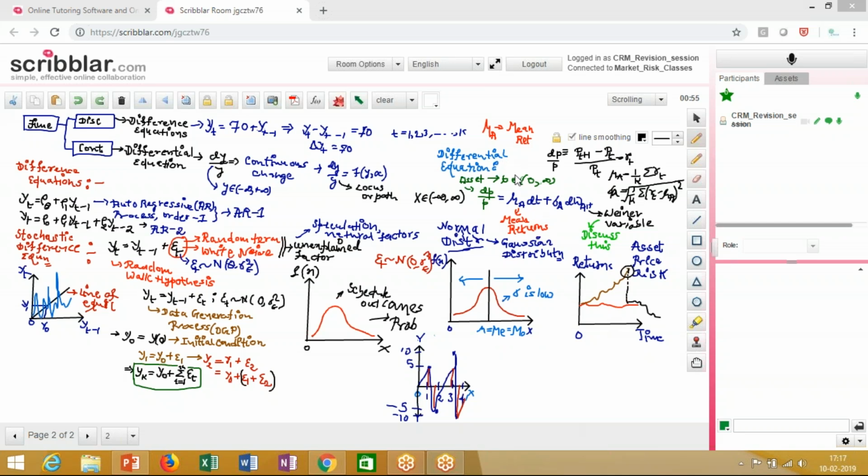Fine. So let's try to understand the first thing: how can a differential equation be used to assess asset prices? How do we connect them? Over here, we need to understand, let's have a look at this movement of asset prices.